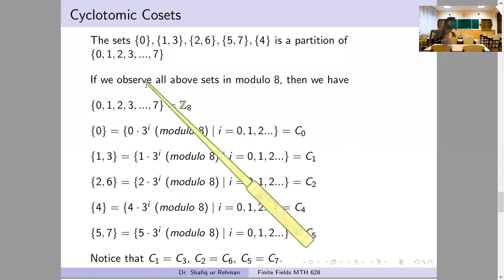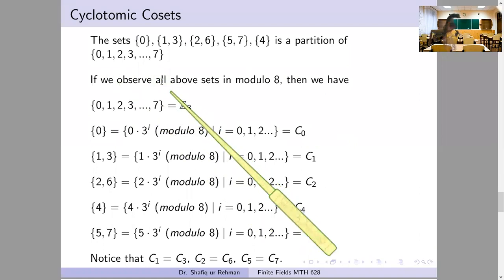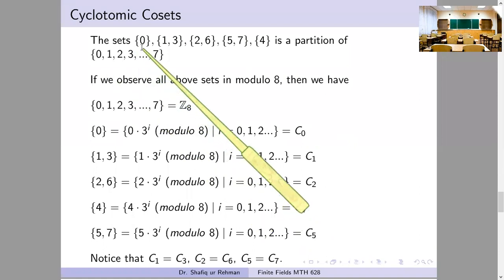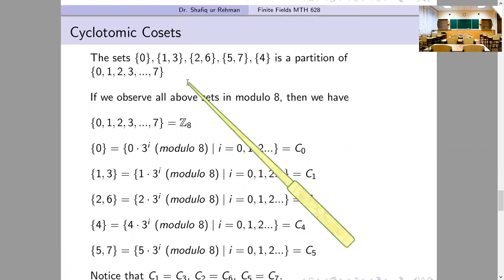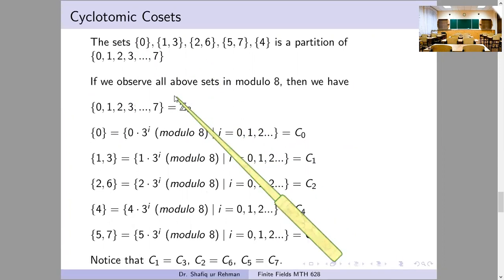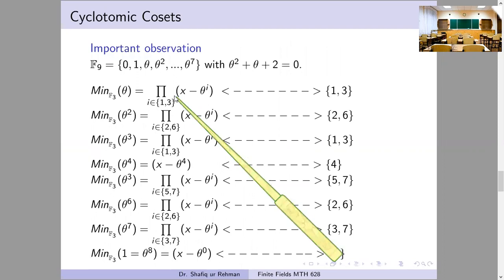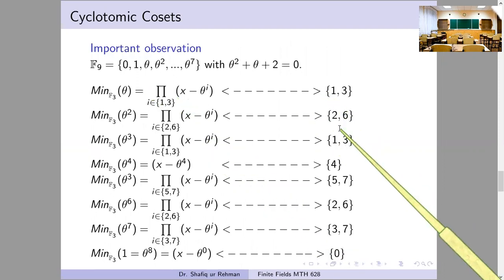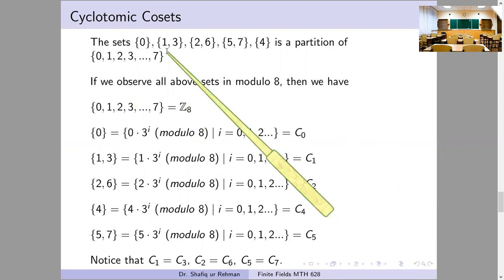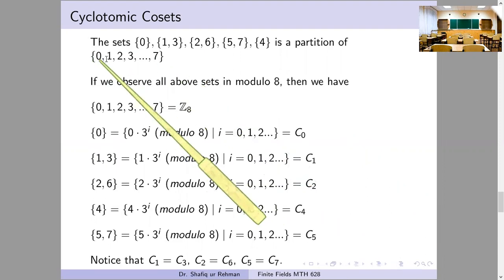So if we convert these sets, as in the previous slide, we associate these sets of conjugates with these sets, which are in fact subsets of the set 0, 1 up to 7.